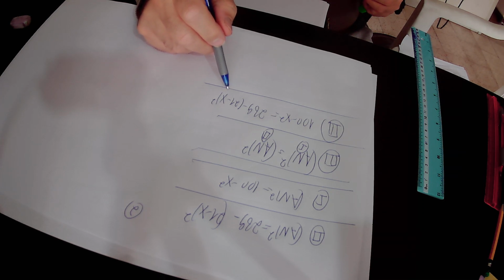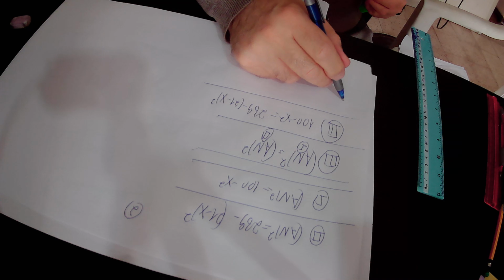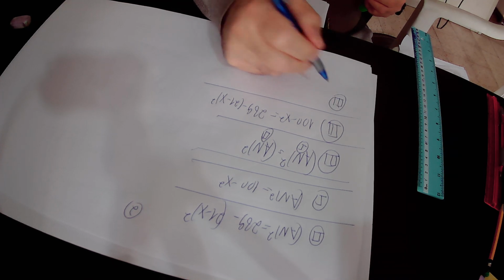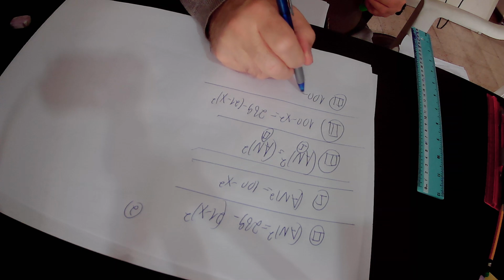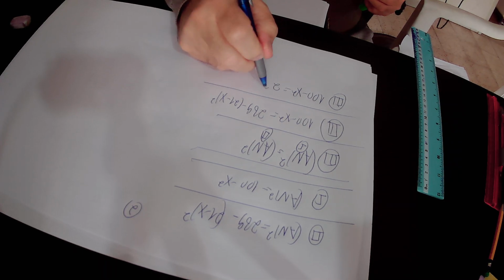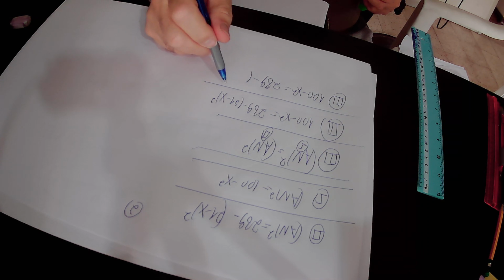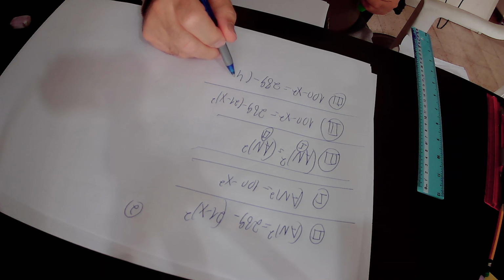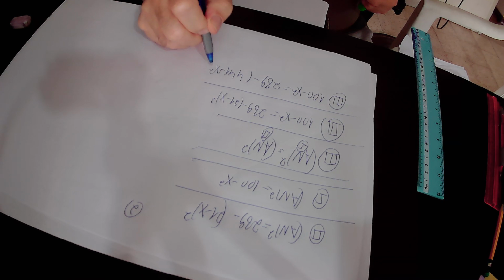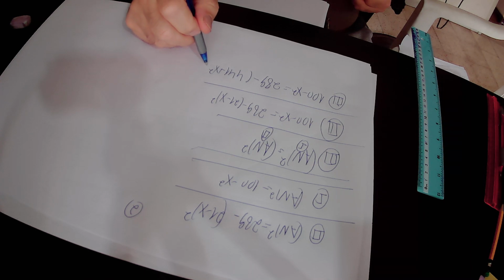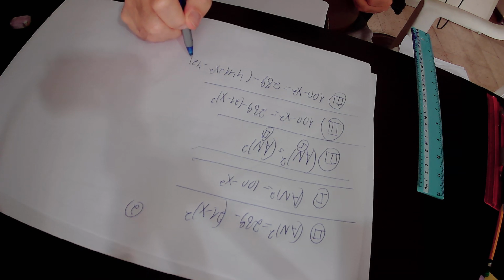Here we'll open the brackets of this expression, and we get that according to equation 3, 100 minus x squared equals 289 minus, and (21 minus x) squared equals 21 squared, that is 441, plus x squared, minus 2 times 21 times x, which is minus 42x.